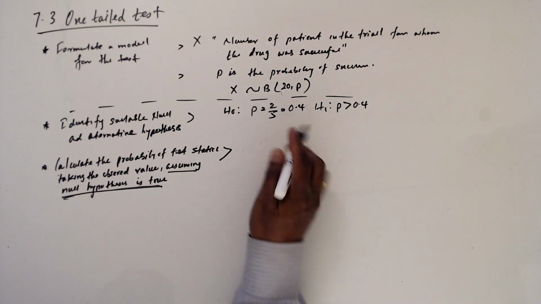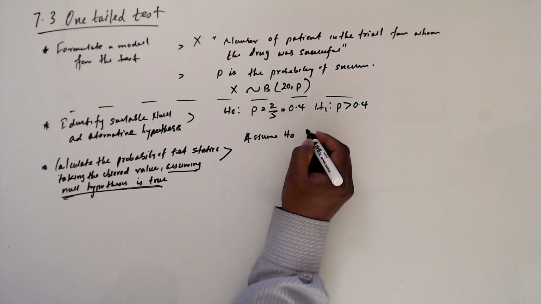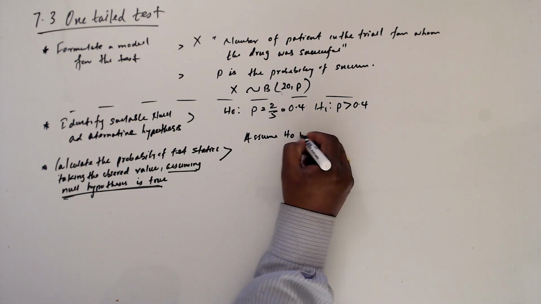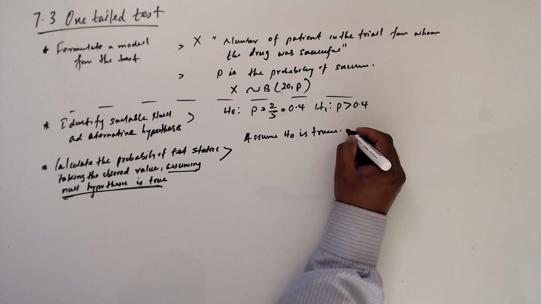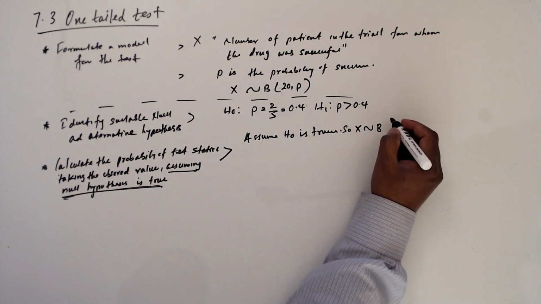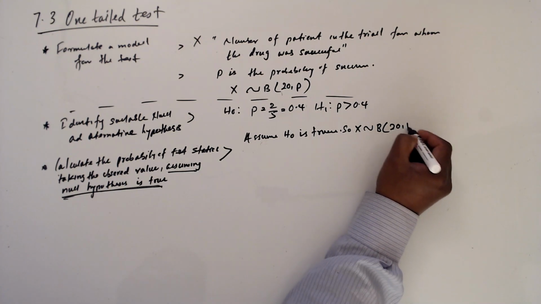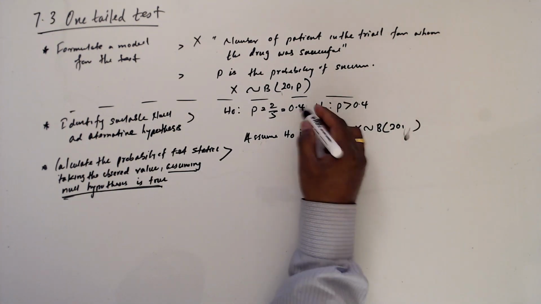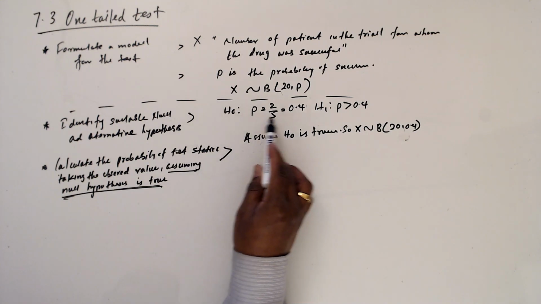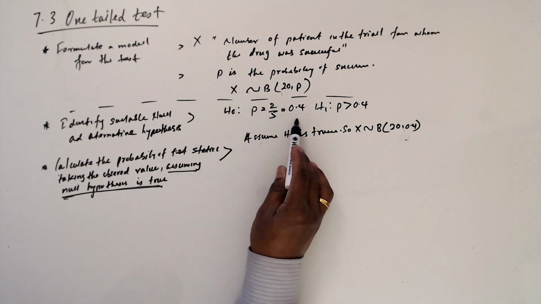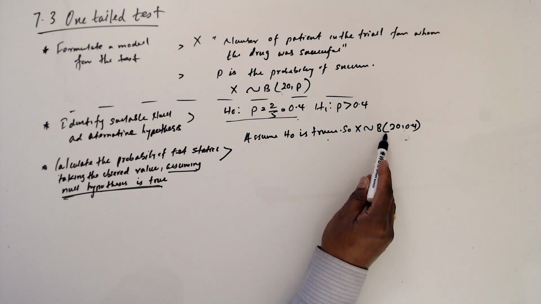So we get X equal to 11, which is the observed value. Assuming H naught is true, X follows binomial 20, 0.4. The null hypothesis probability is 0.4, so if the null hypothesis is true, it should follow this probability.